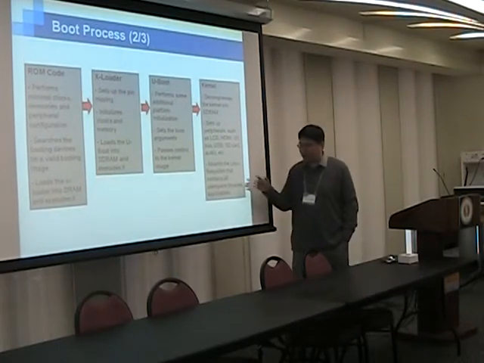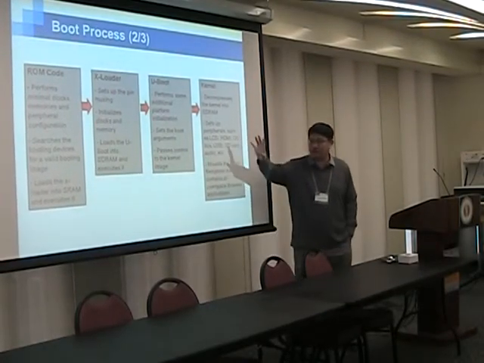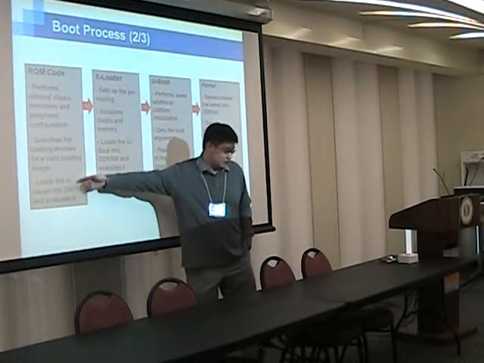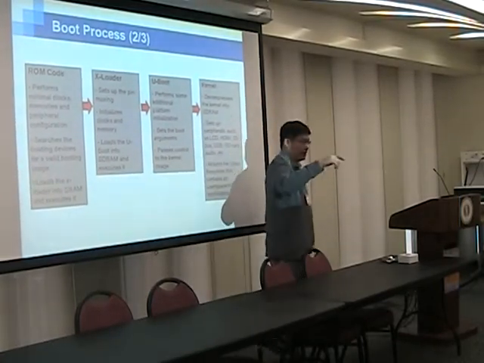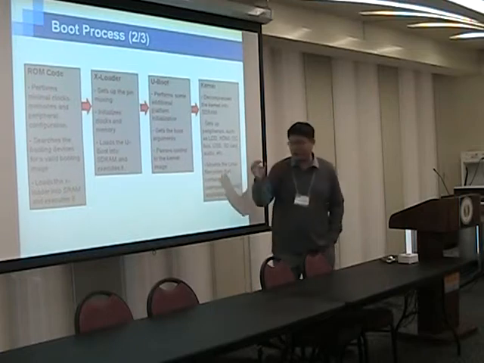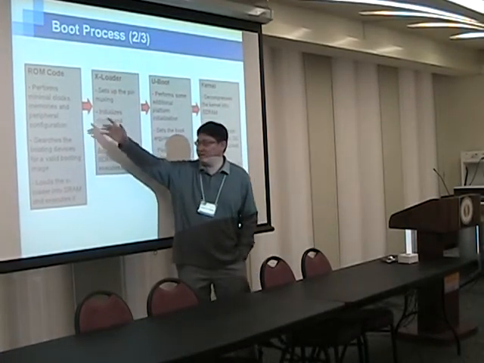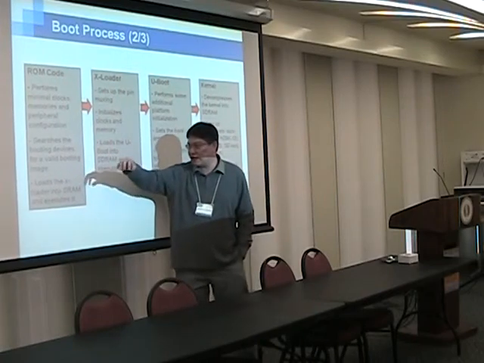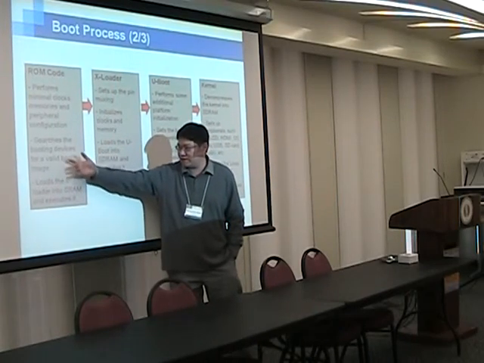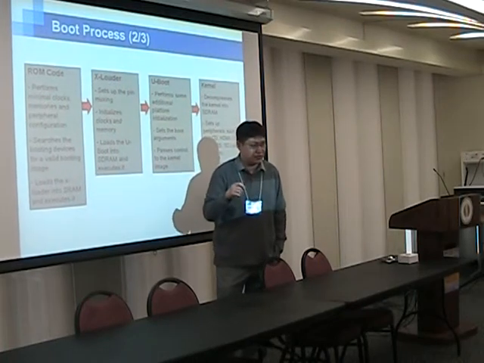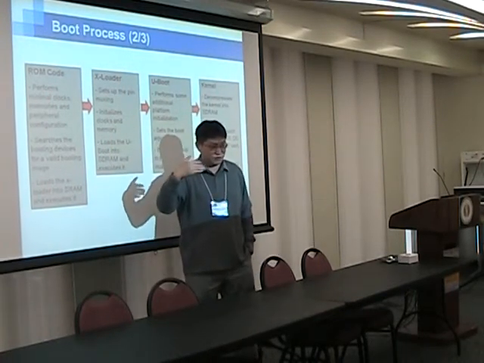Basically, the BeagleBoard boot process is divided into 4 stages. The first one is the ROM code, which actually happens in the TI microprocessor. It's a small ROM. What it does is not much: it sets up the minimum clocks, and it searches for the boot device. For the BeagleBoard, it's going to search the micro SD for the next level of bootloader.